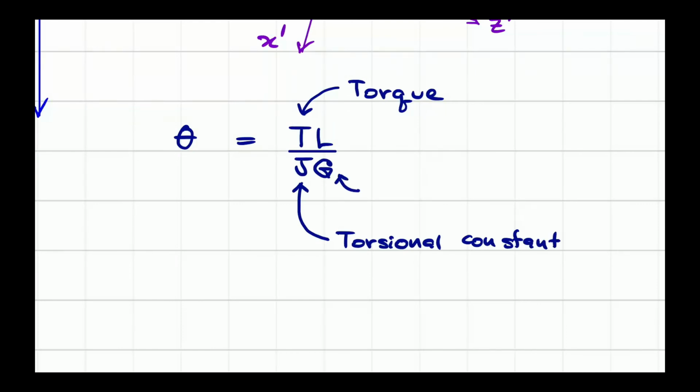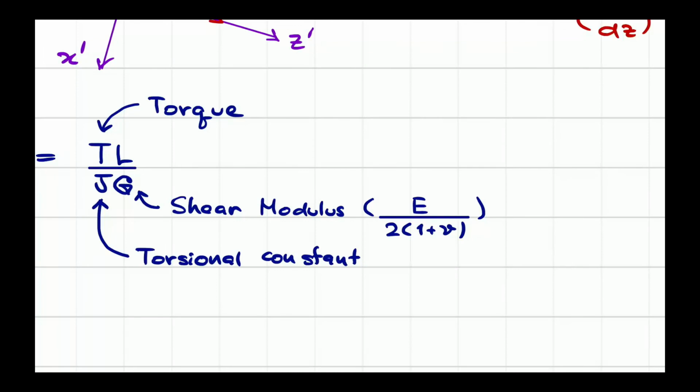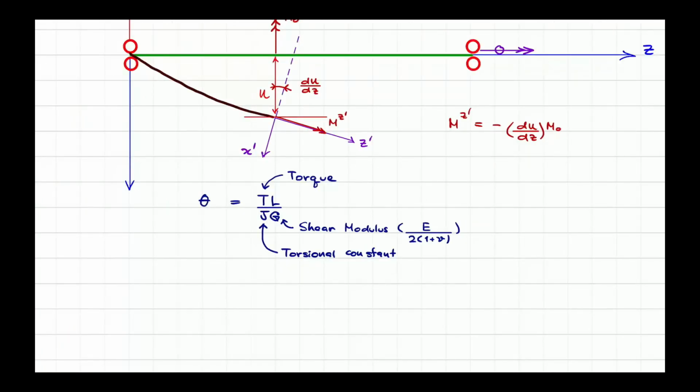And G is a shear modulus, which is equal to E over 2 times 1 plus nu. Okay, and theta is the angle of twist.